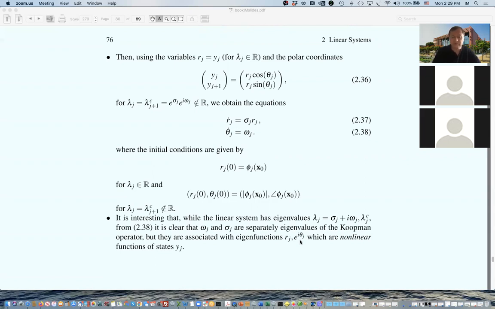So if we have measurements that are nonlinear functions of state, then in order to describe their evolution in time, we cannot stick just with linear eigenfunctions. We have to include some nonlinear ones.